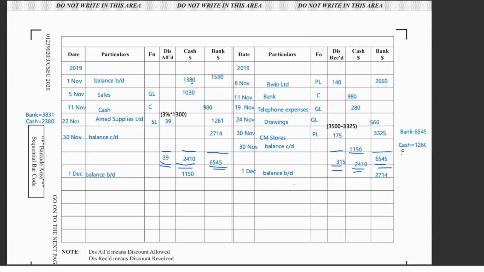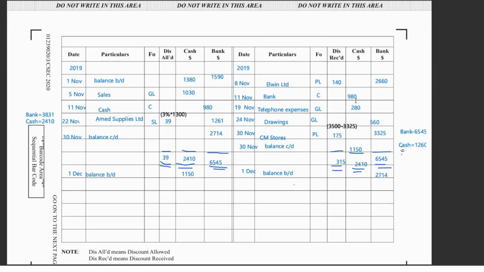You should get 2,410. Right? You should get 2,410. On your credit side, we have 980 and 280. So 980 plus 280 will give you 1,260.